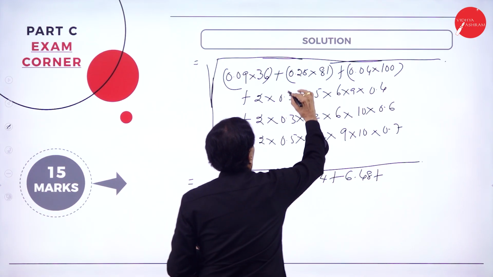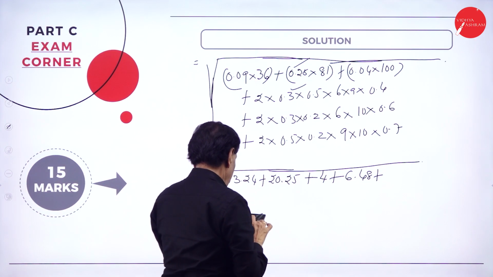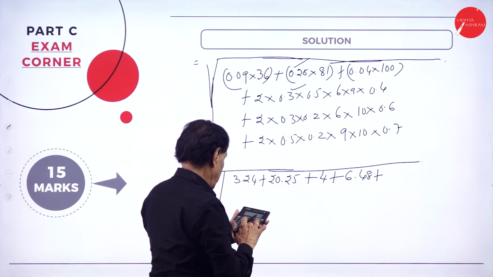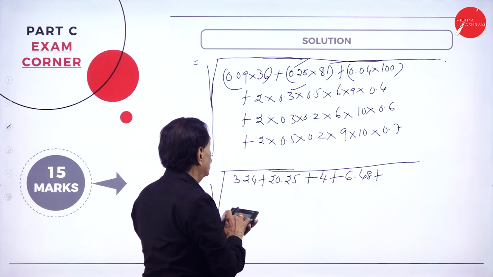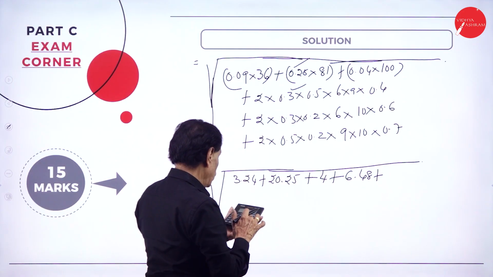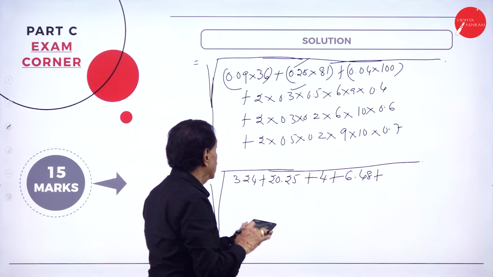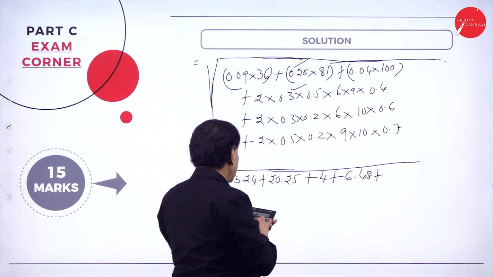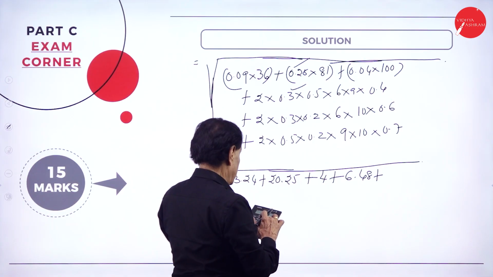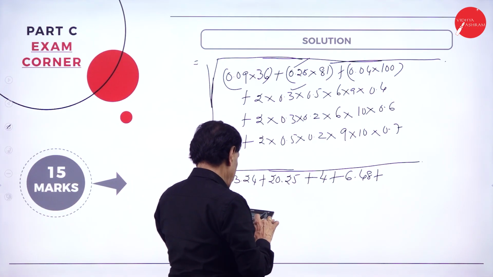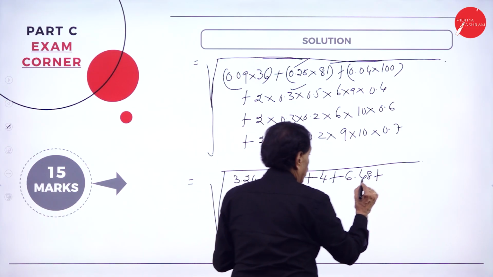Plus 2 into 0.3 into 0.2 into 6 into 10 into 0.6 is 4.32.